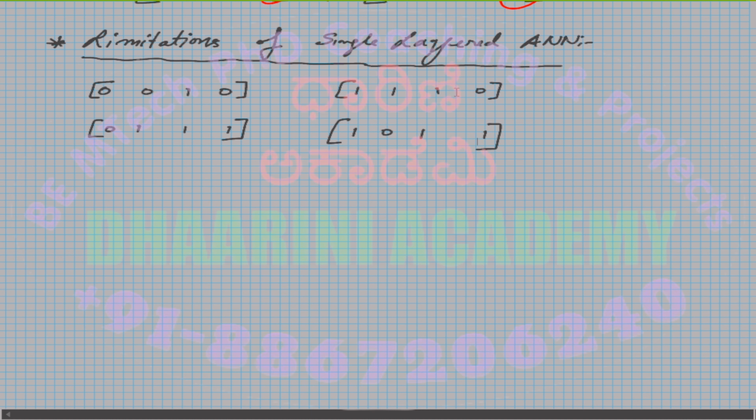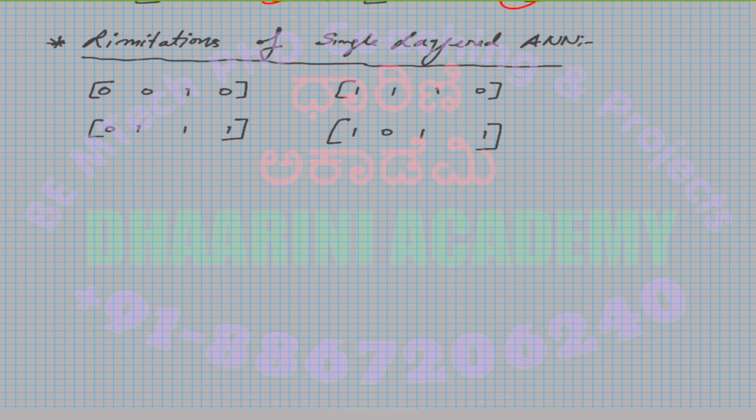These two belong to class 0, whereas 0 1 1 and 1 0 1 belong to class 1. So actually it's something like our XOR problem.